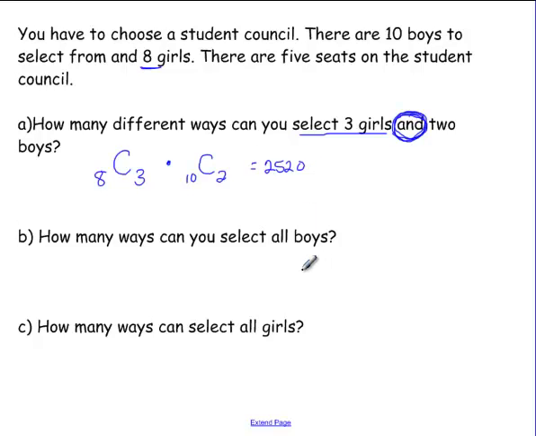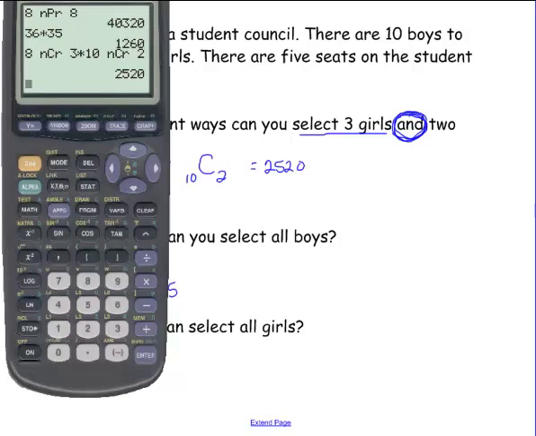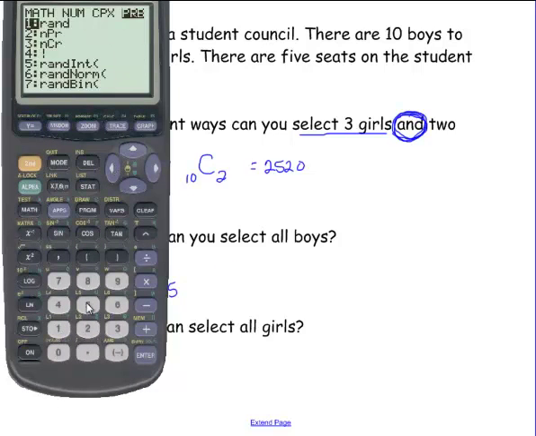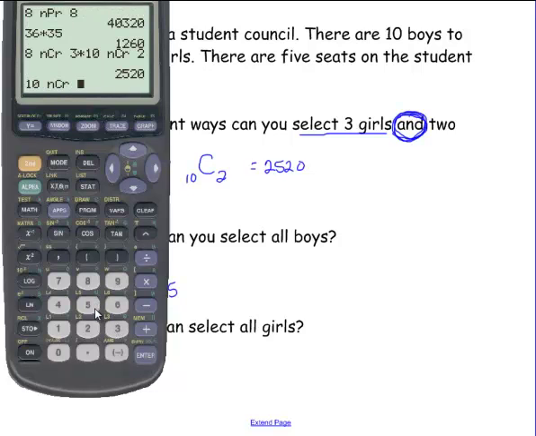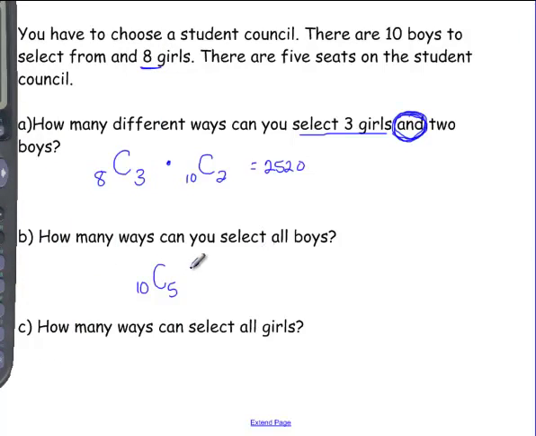How many ways can you select all boys? So, well, I got 10 boys to pick from, and I want all of them, all 5 seats, to be boys. 10C5. There's 252 ways. How many ways can you be all girls?